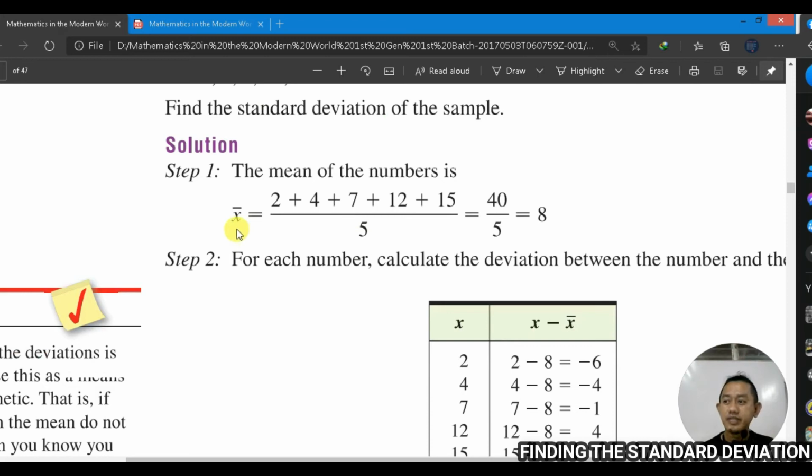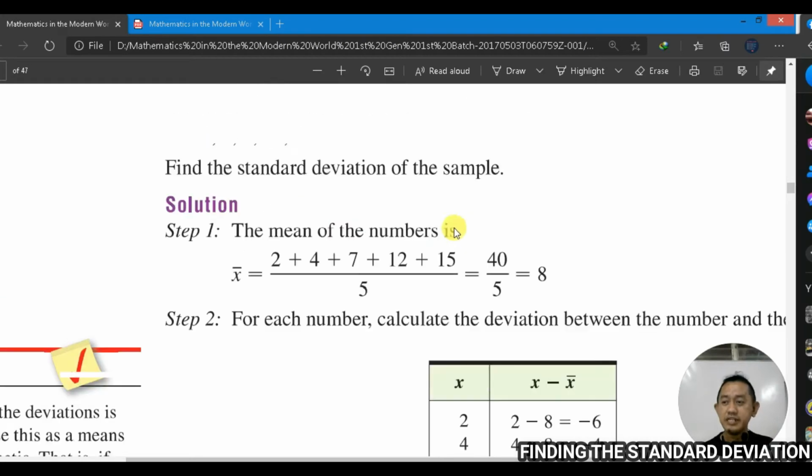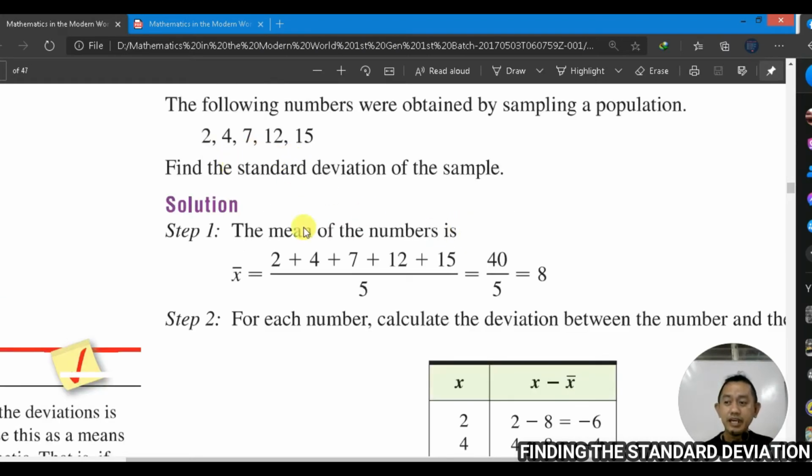So x bar or the mean. To find the mean, imo ra i-add, di ba? I-add nimo the sum of all data and then divided by n. That is your x bar or your mean. So 2 plus 4 plus 7 plus 12 plus 15, that is a total of 40.